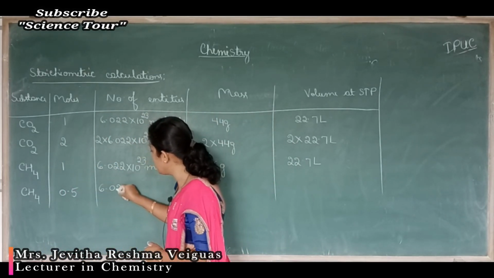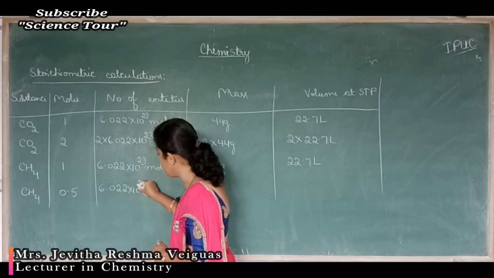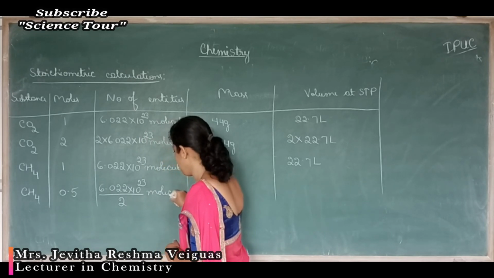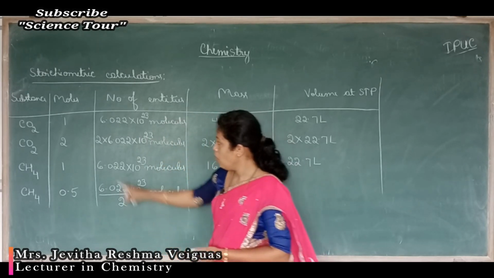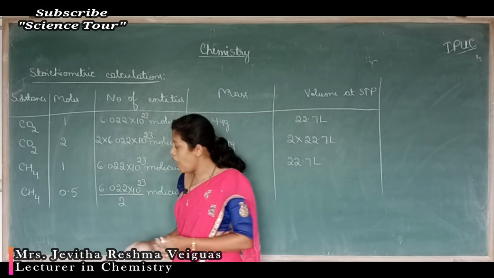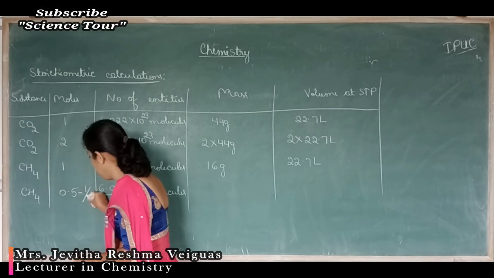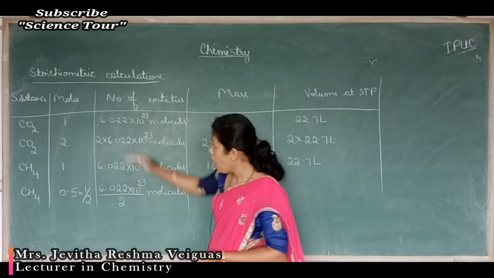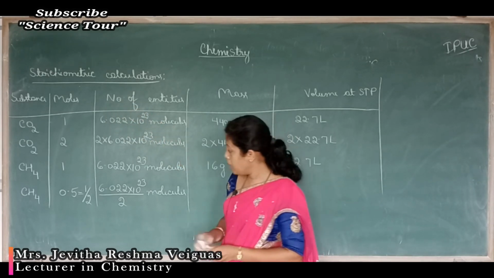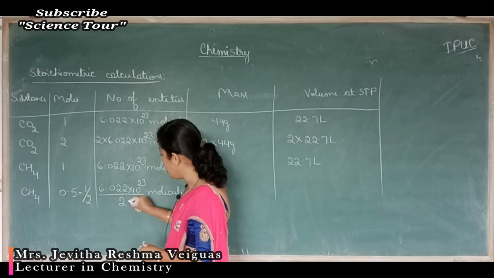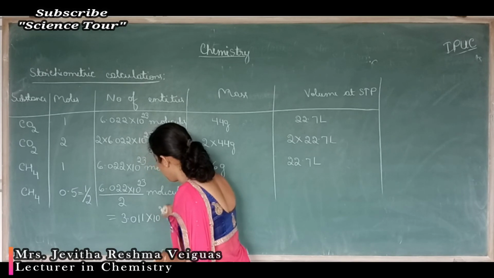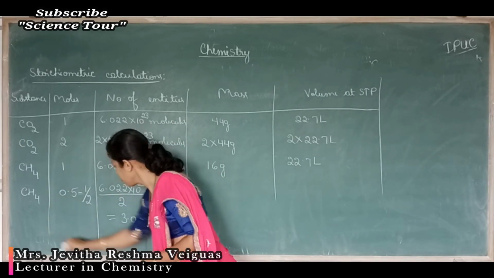In case I consider methane itself, but if I have 0.5 moles of methane, then the number of entities are 6.022 into 10 to the power 23 divided by 2 molecules. Understand, 1 mole contains 6.022 into 10 to the power 23 entities. 0.5 means a half mole. Half mole will contain half of the entities, that is 6.022 into 10 to the power 23 divided by 2, nothing but 3.011 into 10 to the power 23 molecules.